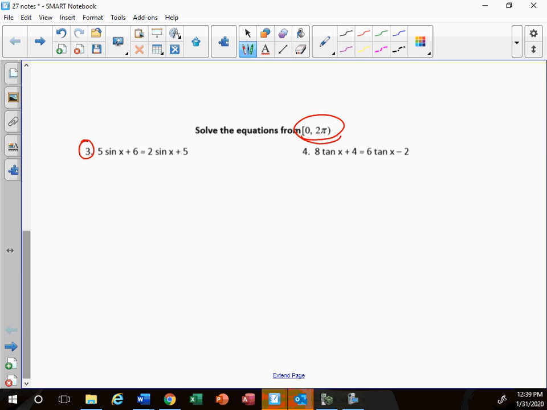Still finding the intersections, all that stuff. It took a while for my calculator to graph.